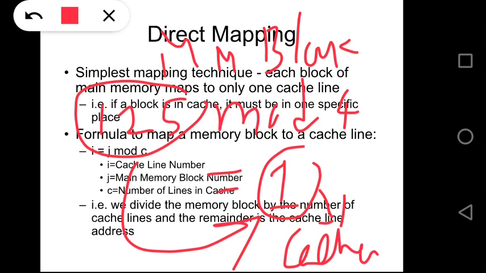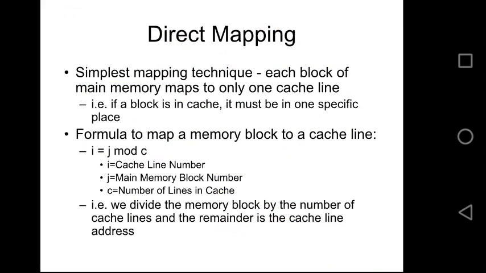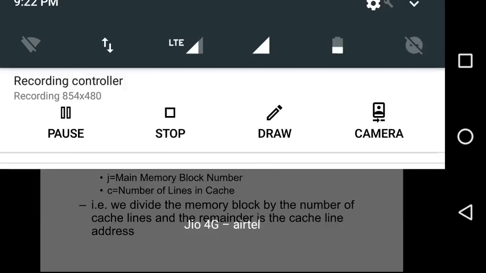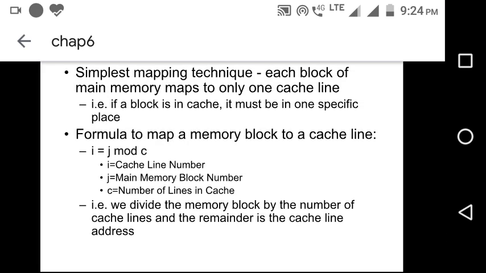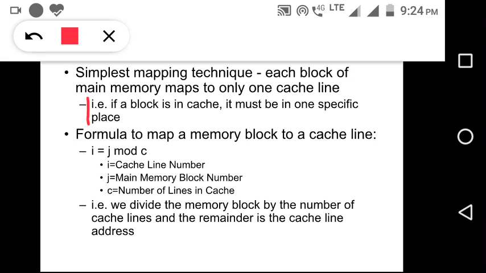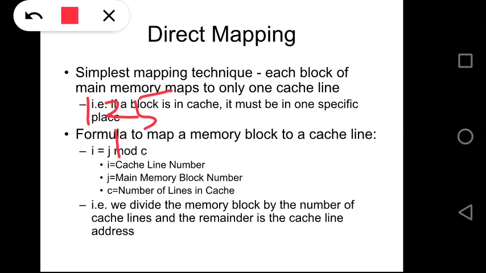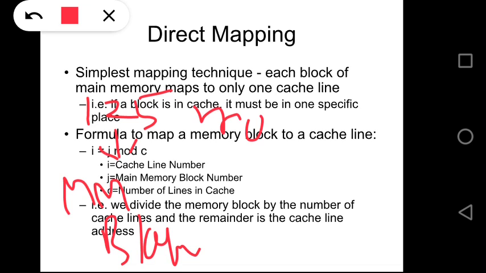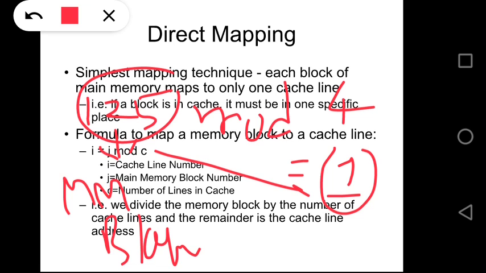Do you understand this technique? I hope you are understanding the point. The point over here is that 125 is the main memory block number. When you do mod with 4, you get result 1. So map 125 to 1.